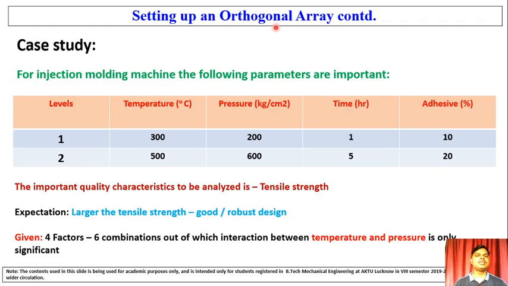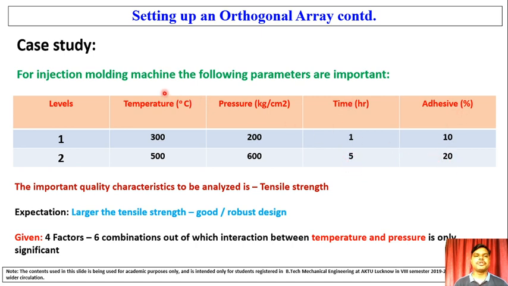So we'll see an example for an injection molding machine. These parameters are important. I have quoted them as levels, like level 1 is low level and this is high level. So we can see from here the temperature is 300 for low level 1, pressure is 200, time is 1 hour, adhesive percentage is 10%. And for the upper level, the parameters are temperature is 500, pressure is 600, time is 5 hours, and adhesive is 20%.